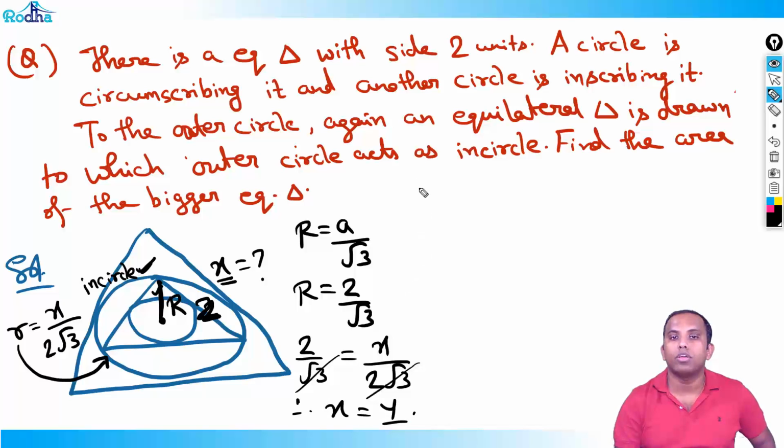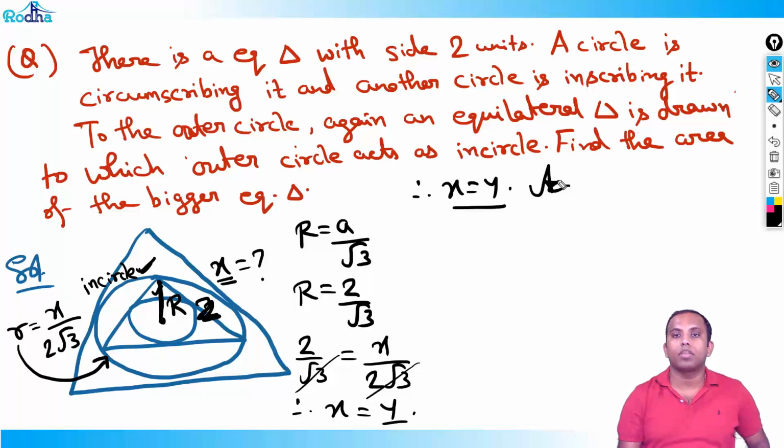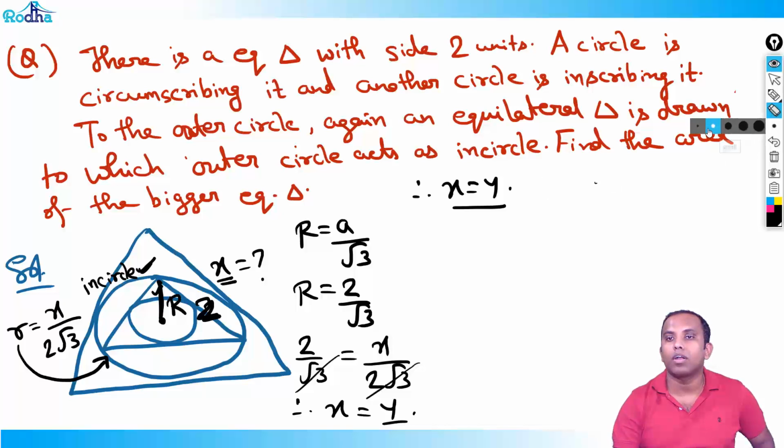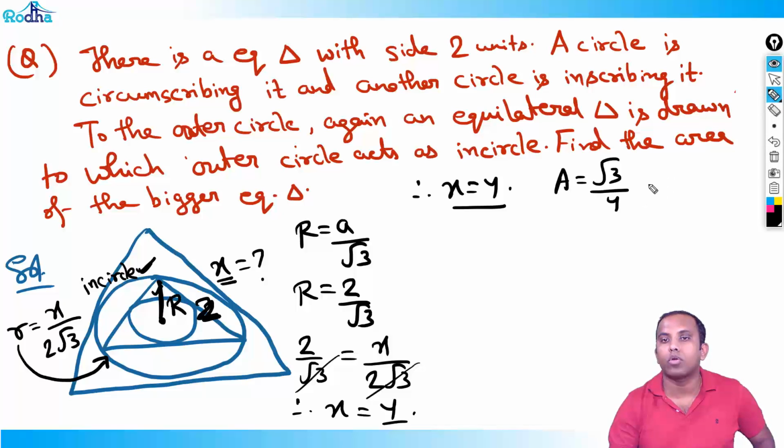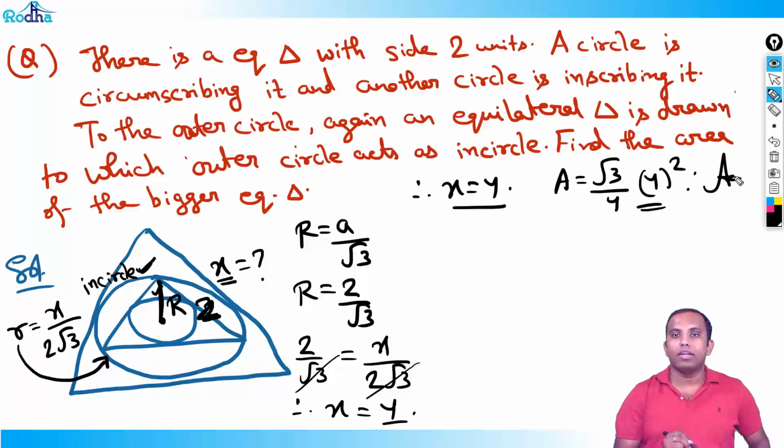What is the area? Area is root 3 by 4 a square. So if x is 4, the area becomes root 3 by 4 into 4 square. This is the answer.